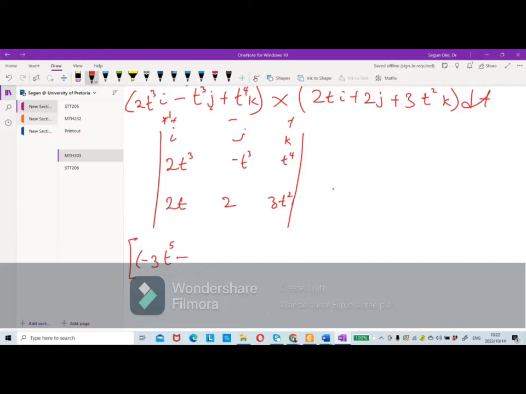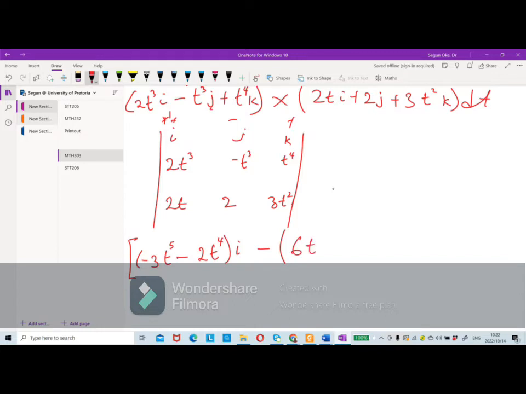Minus 2t raised to power 4 i, minus j minus, open the bracket, this will cancel, this will cancel.